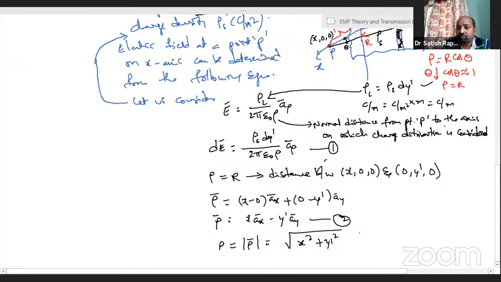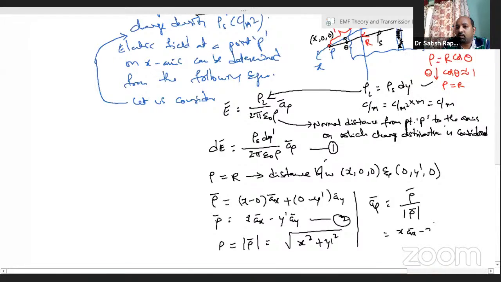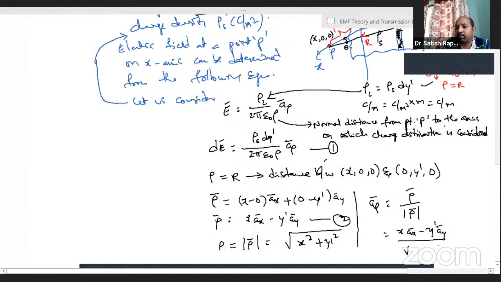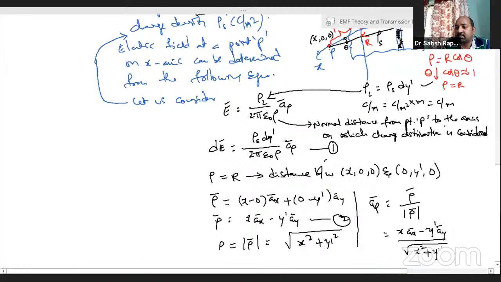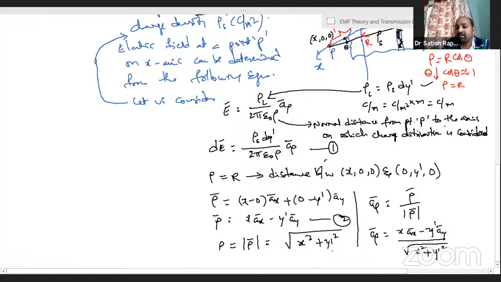And now a rho bar is equal to rho bar by mod rho bar, which is x ax bar minus y' ay bar divided by square root of x square plus y' square. So this is a rho bar. Let us say this is equation 3, and this is equation 4.